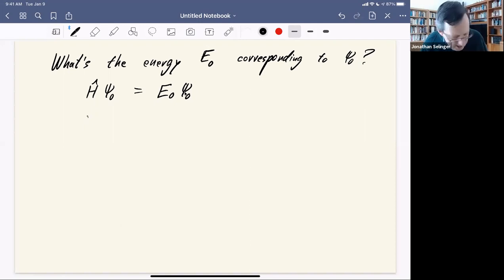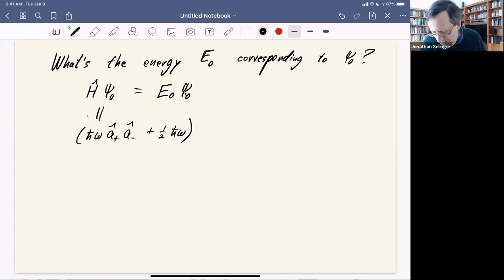Remember that the Hamiltonian is equal to h bar omega a plus a minus plus a half h bar omega, right?